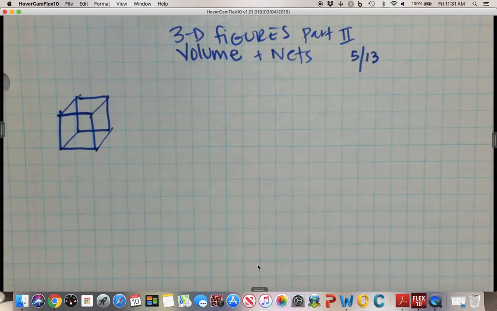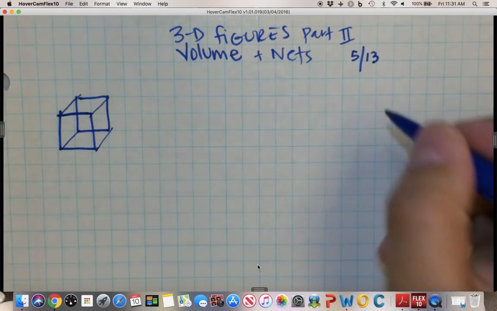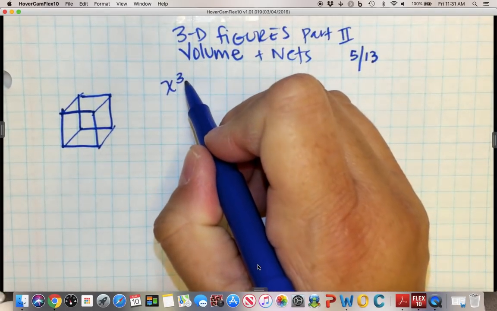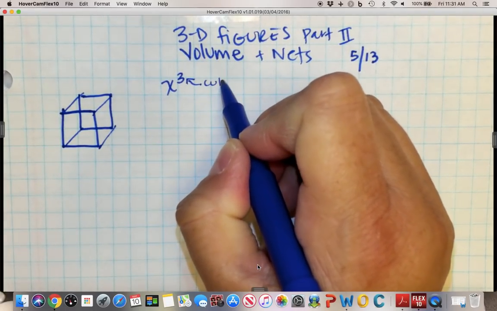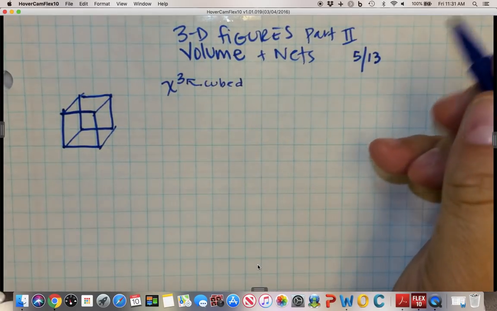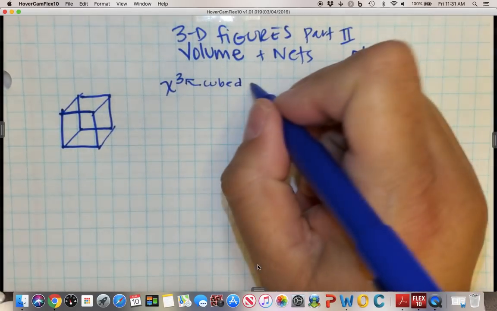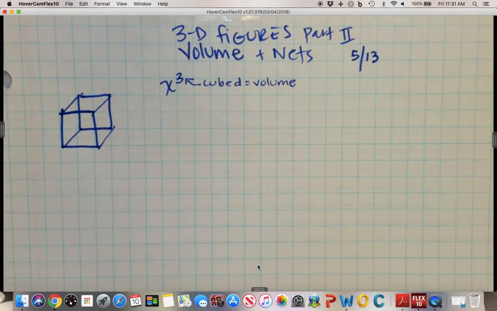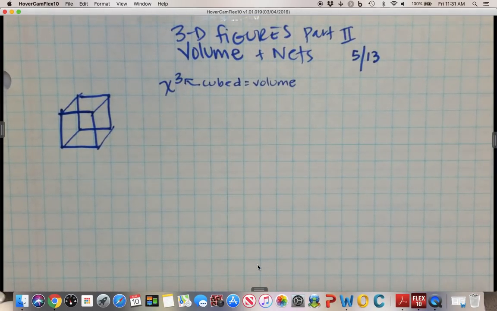And if you remember, when we were studying exponents, we learned that this little 3 means cubed, and that little 3 also stands for volume, because when we are calculating volume, we are multiplying 3 numbers together.